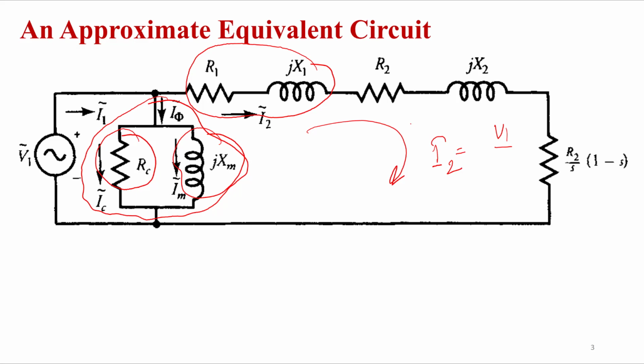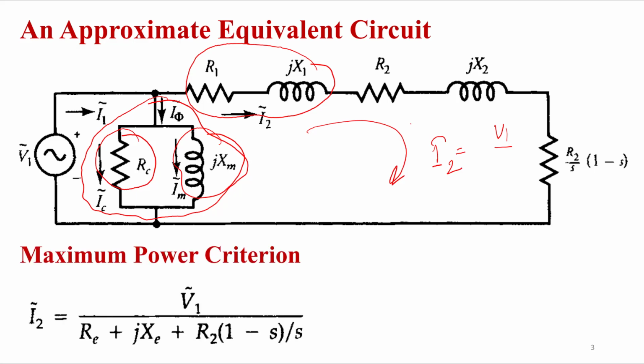So I2 is equal to V1 by Re plus jXe plus R2 into (1 minus S) by S. What is this Re? Re is R1 plus R2 and Xe is X1 plus X2.